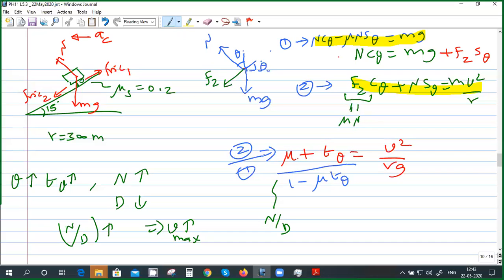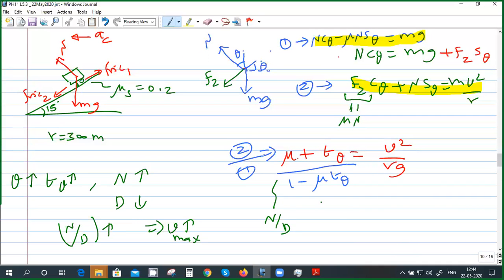Yes, sir. So this banking of the road is helping you to move with high speed without slipping. Right.